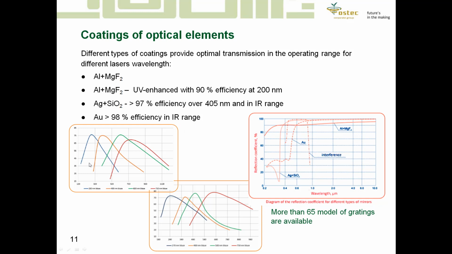So you can see gratings can be optimized for defined wavelengths, and therefore the spectrometer provides best sensitivity in the desired spectral range. And of course we can use interference optics, which is good for the wavelengths in the visible range.